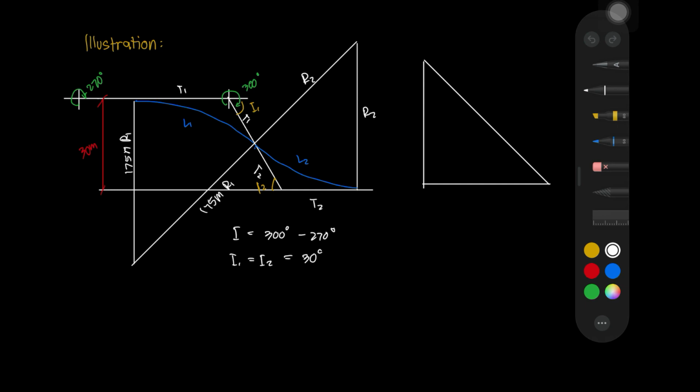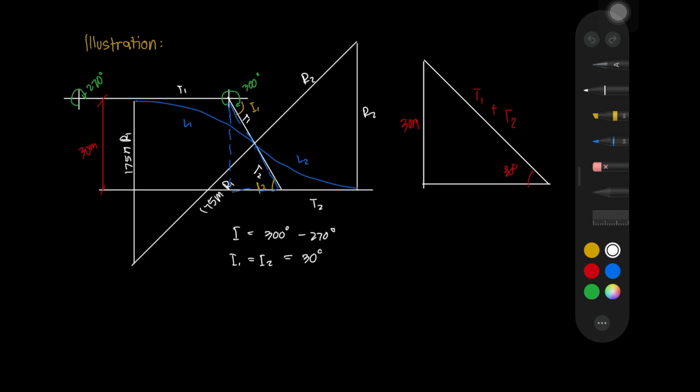Now since we already have I1, we can get the R2 if we have T2. From the illustration, we can draw out a triangle. Let's draw that one right here. We have 30 meters here, 30 degrees, and our hypotenuse T1 plus T2.